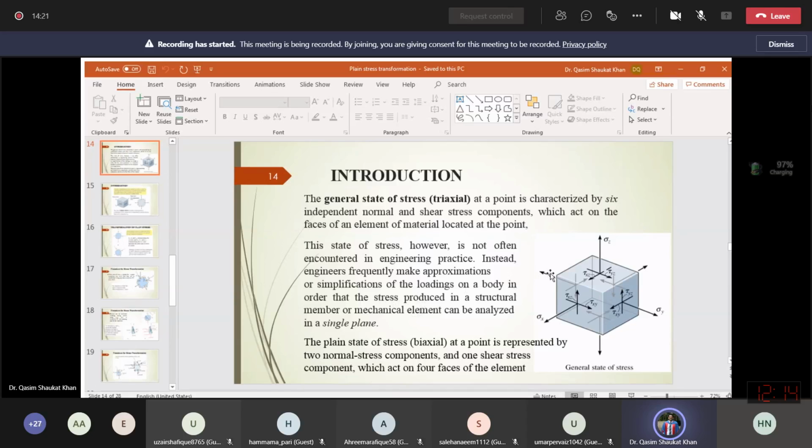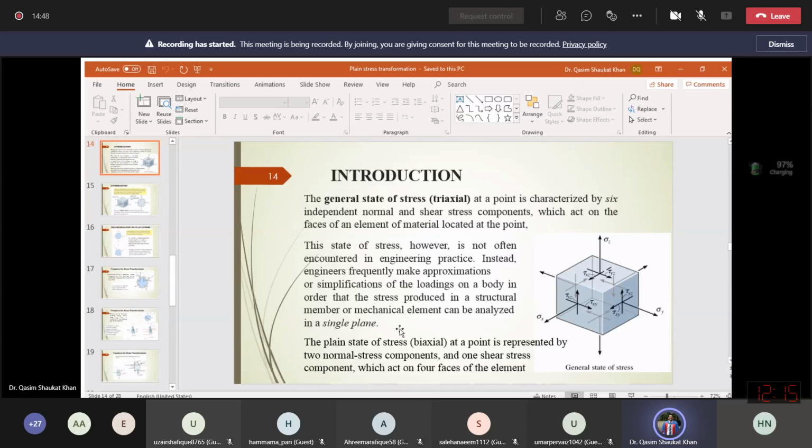So instead of having the XY plane, the XZ plane, and the YZ plane, I can simplify this triaxial stress state to a biaxial stress state, in which I will just work in two axes, let's say XY, or YZ, or XZ.